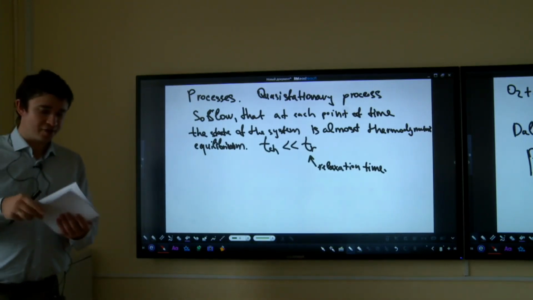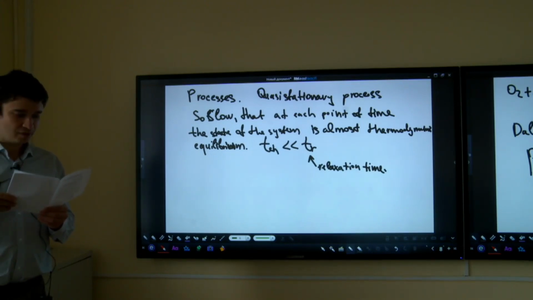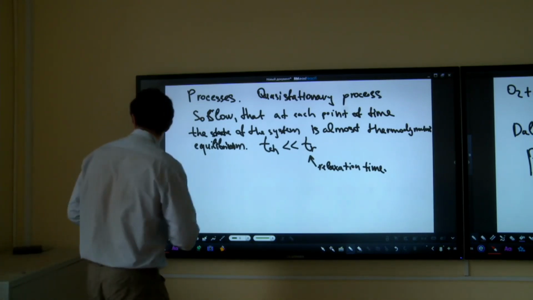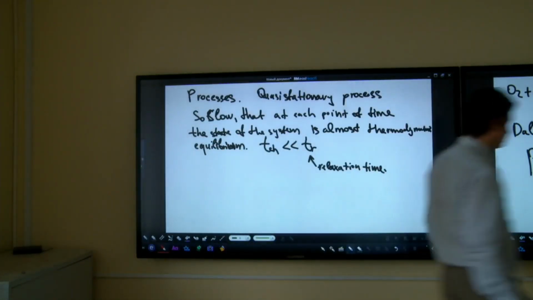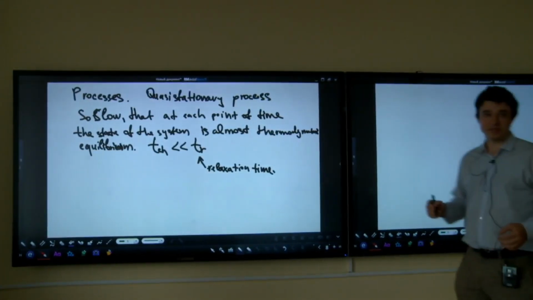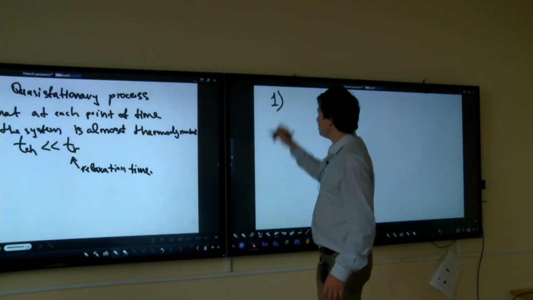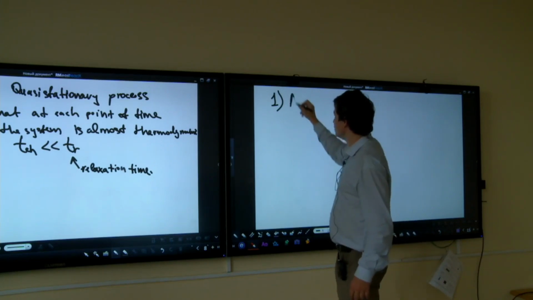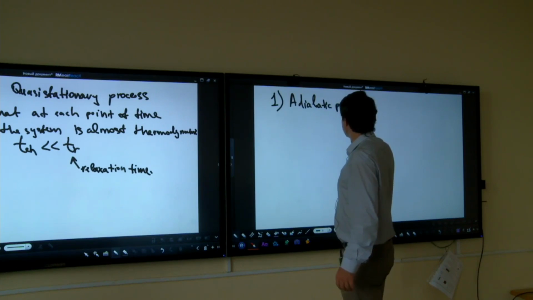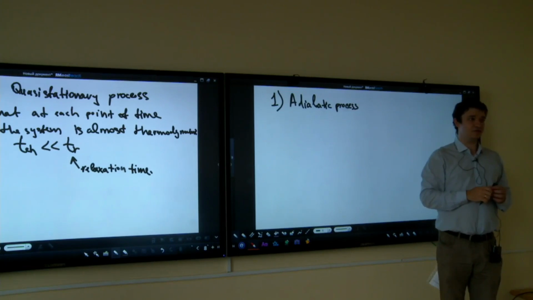So now let's try doing some processes with ideal gases. Some particular types of process you should pay attention to. One of them is the adiabatic process. Try to remember your high school.